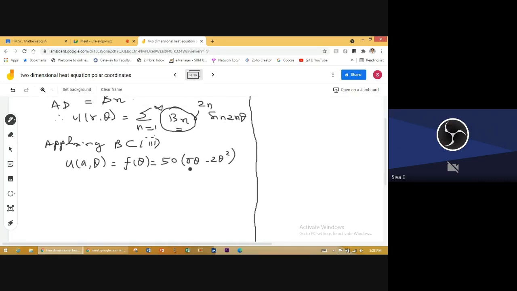Applying that r equal to a here, substituting r equal to a, I take this as equation number 4. In 4, we get u of a comma theta equal to summation of n equal to 1 to infinity Vn a power 2n sin 2n theta.